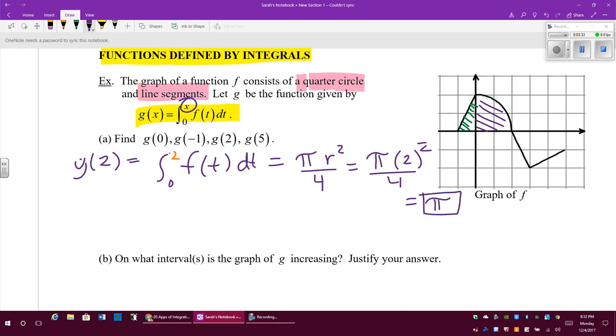Okay? So then the last question asks me to find g of 5. So that's going to be the area from 0 to 5. Again, I'm replacing the x with 5 in the integral of f of t dt. And so now using my area, we already know that the area from 0 to 2 is pi.